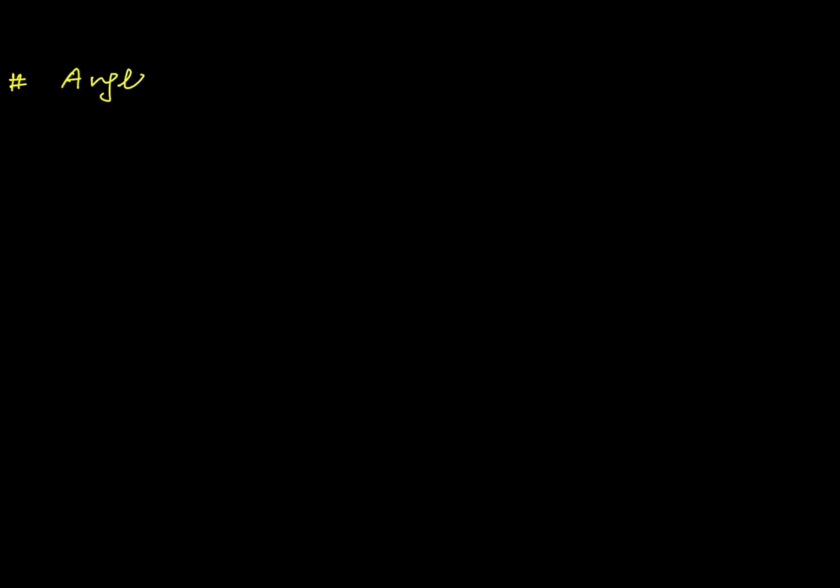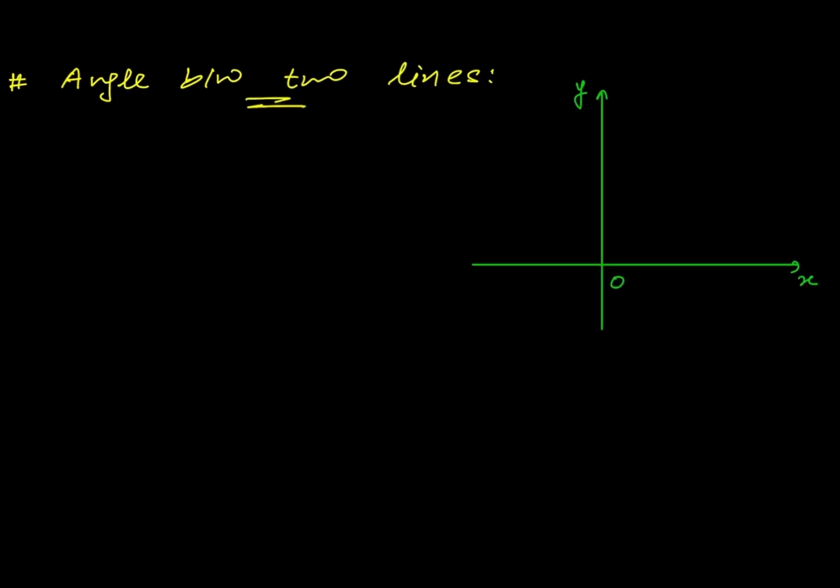Angle between two lines. So let us first draw two lines which are intersecting at some angle, say theta. Say line L1 is inclined at an angle alpha with the positive direction of x-axis, and line L2 is inclined at an angle beta with the positive direction of x-axis.